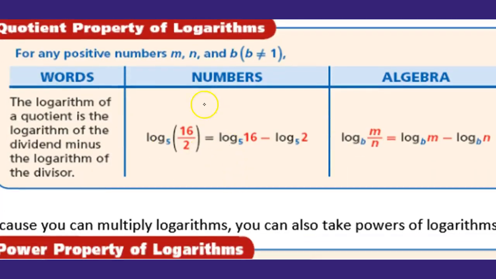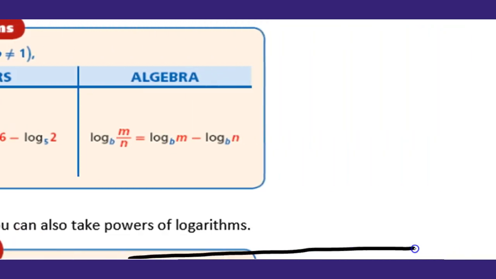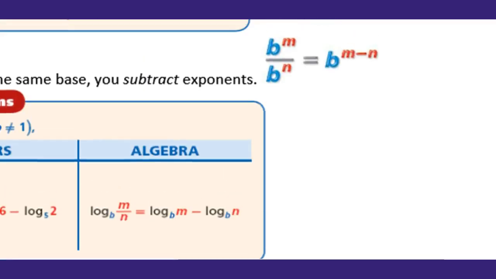Same thing with division here. You see the rule over here to the right of your page. If you have the same base with m divided by n as the exponent, you can subtract. Like if you had 2 to the 4th over 2 to the 1st, you can make that 2 to the 3rd, because 4 minus 1 is 3.